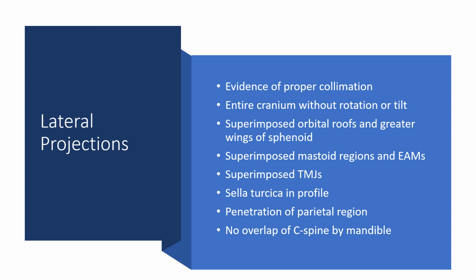Okay, no overlap of the C-spine by the mandible. That will tell you whether or not you have made the interpupillary line a true horizontal and perpendicular to the image receptor. That is, raise the patient's chin so their interpupillary line is horizontal.